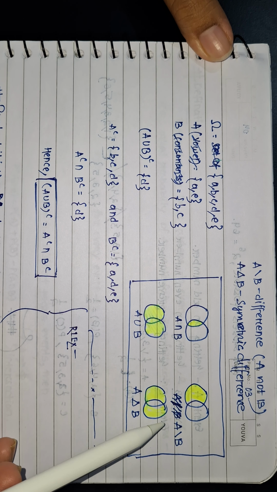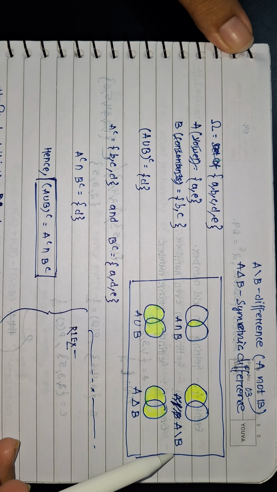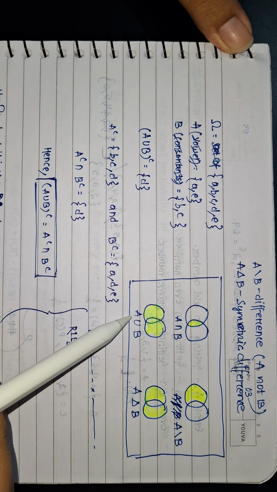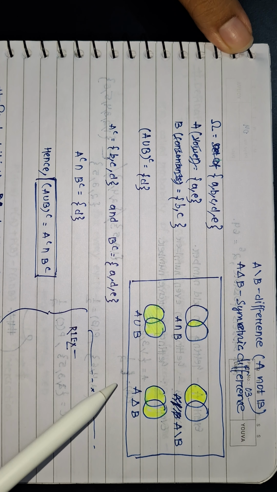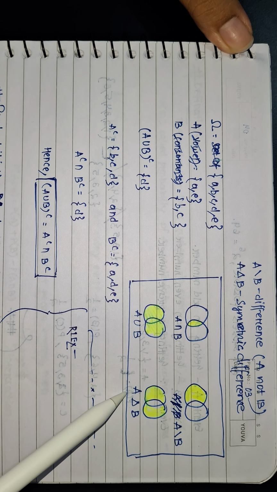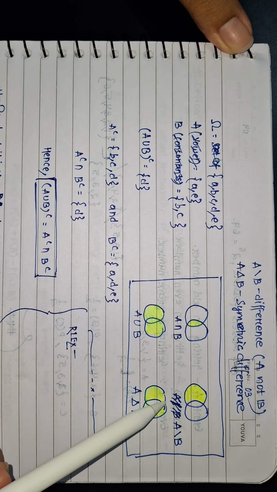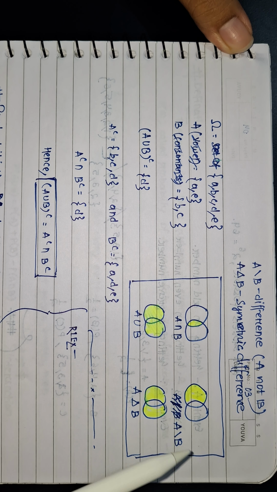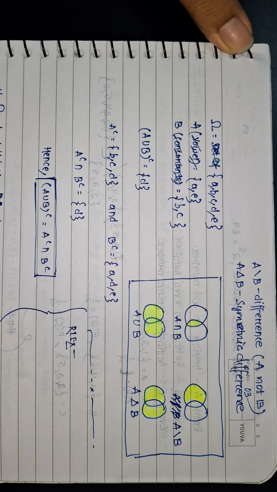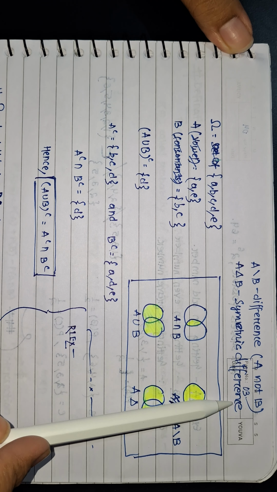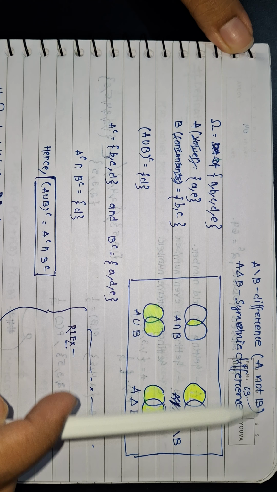A intersection B. This is A not B, and this is A union B. This is A, not the intersection part of A intersection B. It is considering A union B minus A intersection B. This is just simplifying that one. Okay, this is the symmetric difference, and this is the difference A not B.